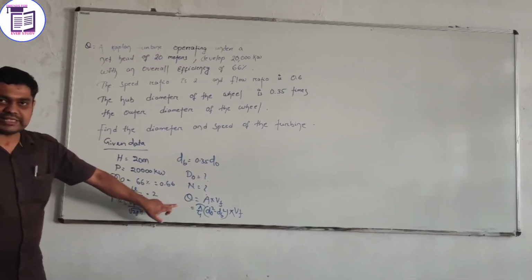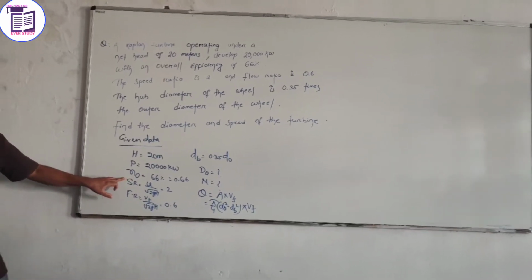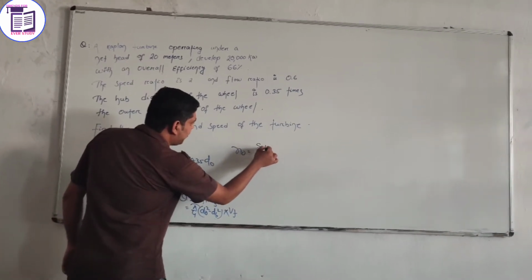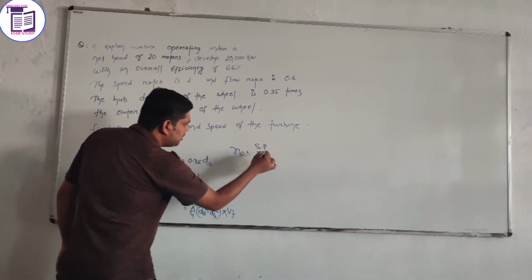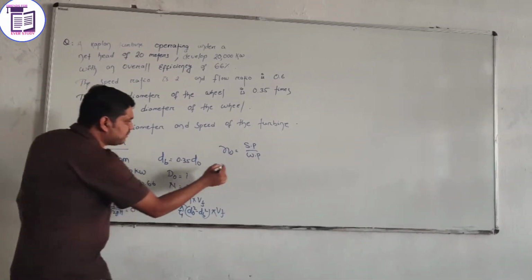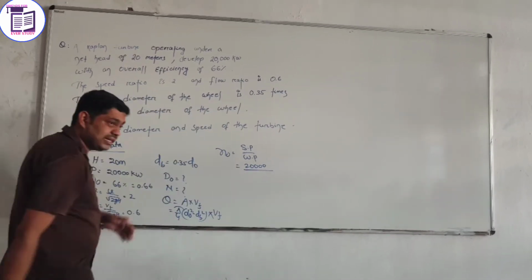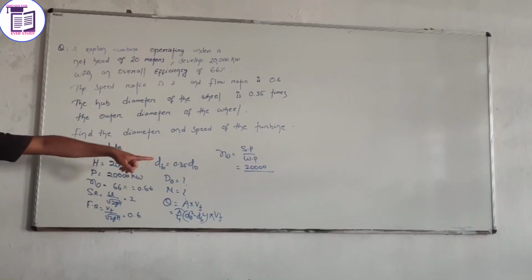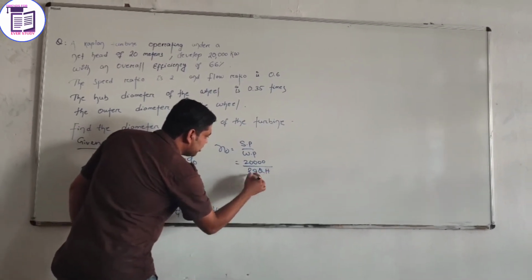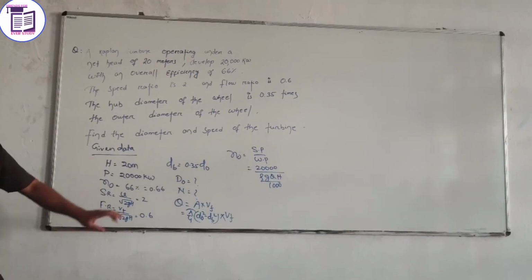So you have to find the discharge. What is given? The overall efficiency. The overall efficiency formula is shaft power by water power. The shaft power is already given, that is P, your 20,000 kilowatts, and the water power is rho g Q H by 1000, also in kilowatts.